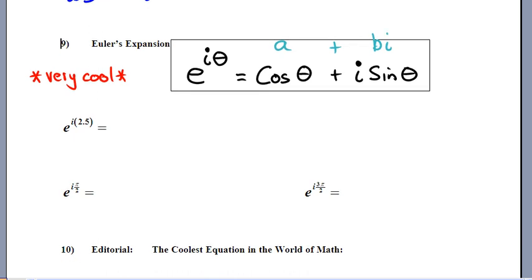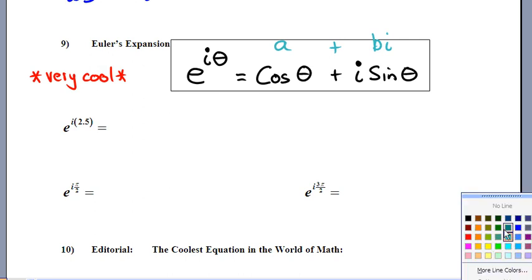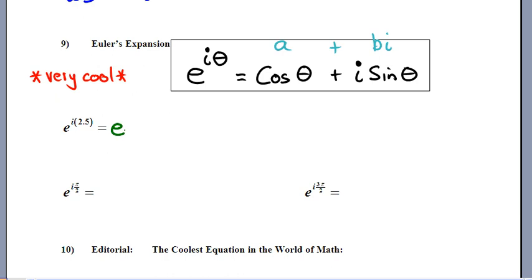So if I had e to the i times 2.5, sometimes it sounds a little bit better if you just say, oh yeah, that's e to the 2.5i. You can do that if you want.